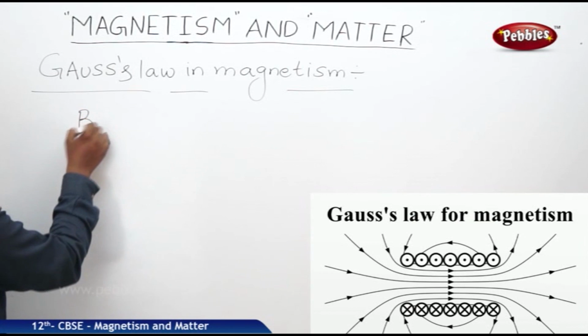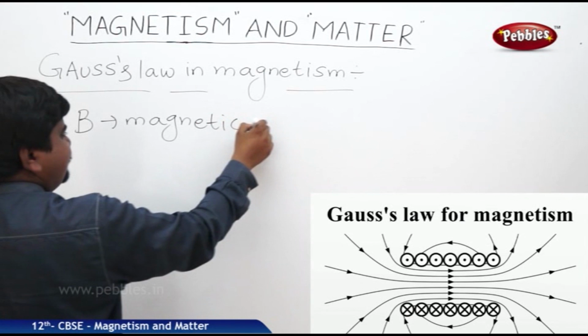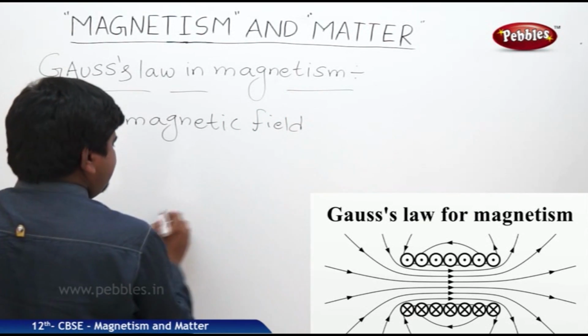With respect to that, Mr. Gauss discovered B, the magnetic field, and he considered one plane like this.